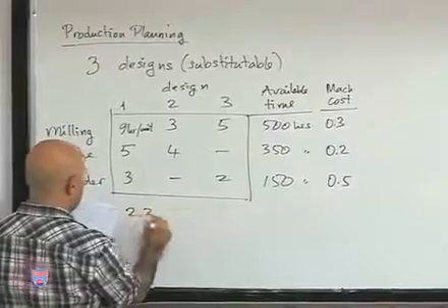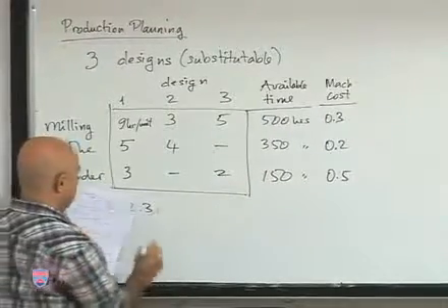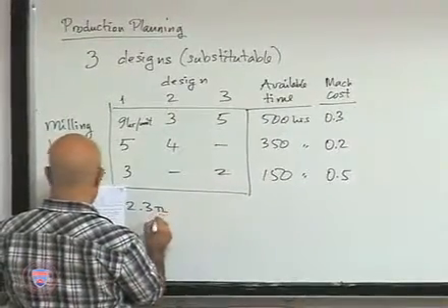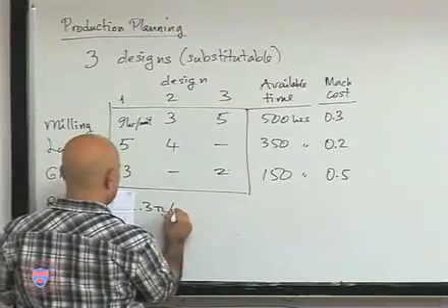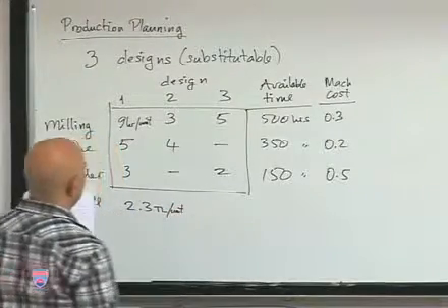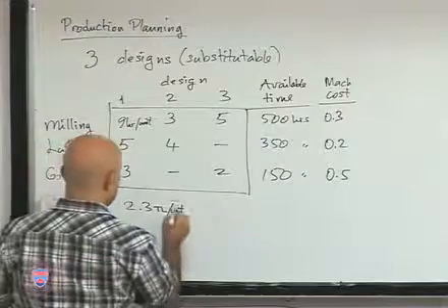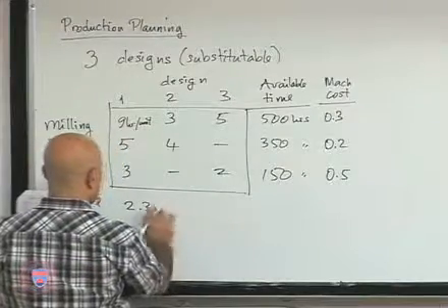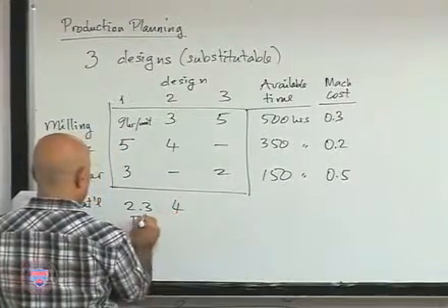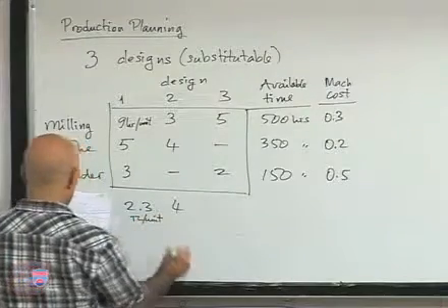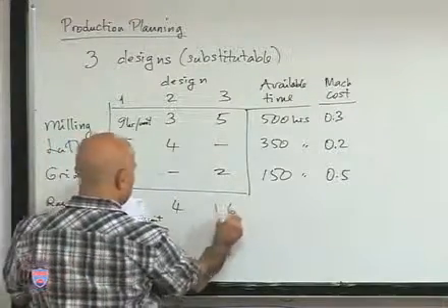This one is 2.3 Turkish lira per unit. The second one is 4. And the third one is 1.6. Okay?